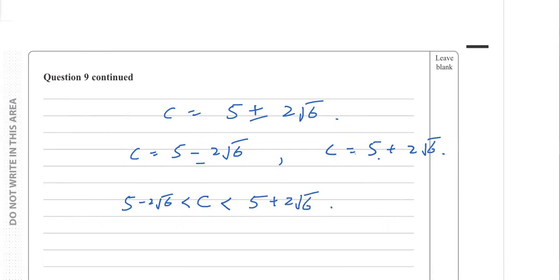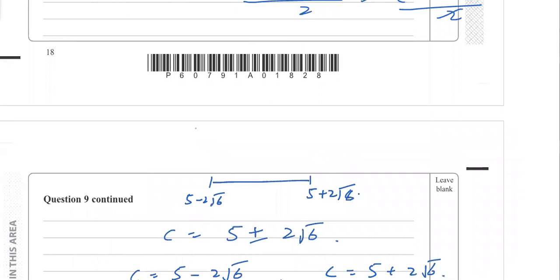It's better to verify these values, to check that the value of c really lies between them. Suppose this value is 5 minus 2 square root of 6 and this value is 5 plus 2 square root of 6. Between these values I will use any number and put it in the expression whose critical values we found, c square minus 10c plus 1.